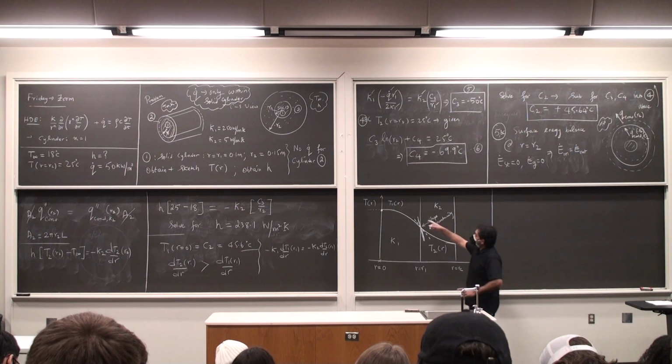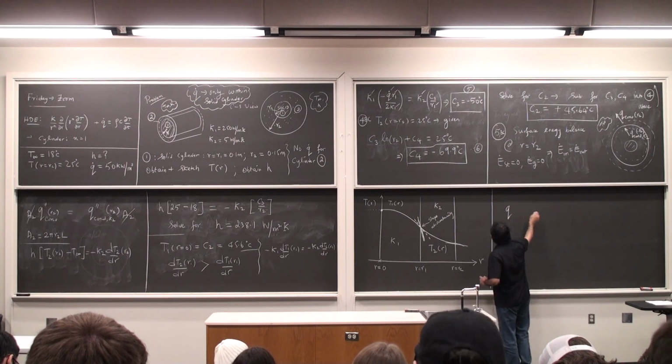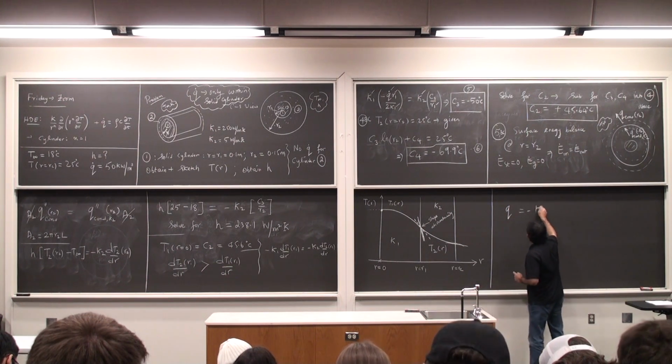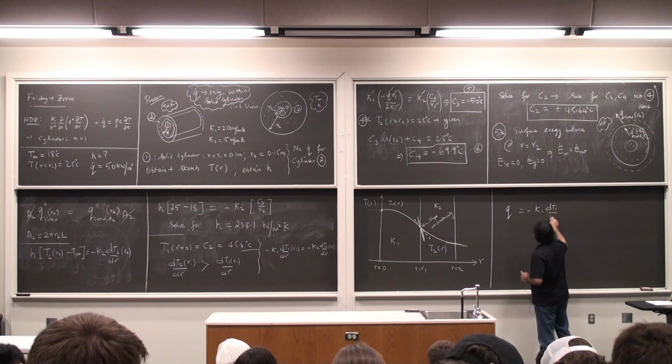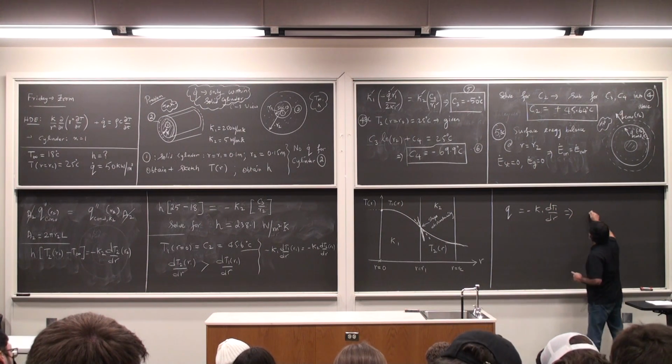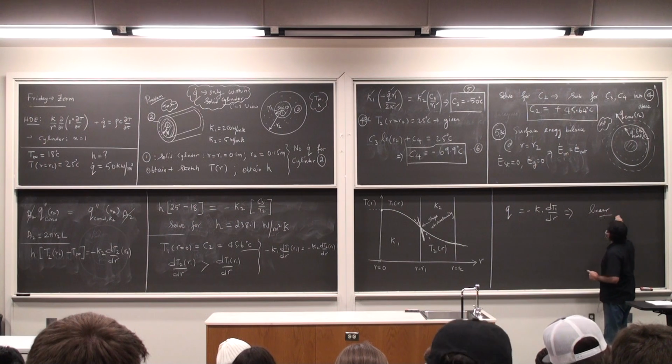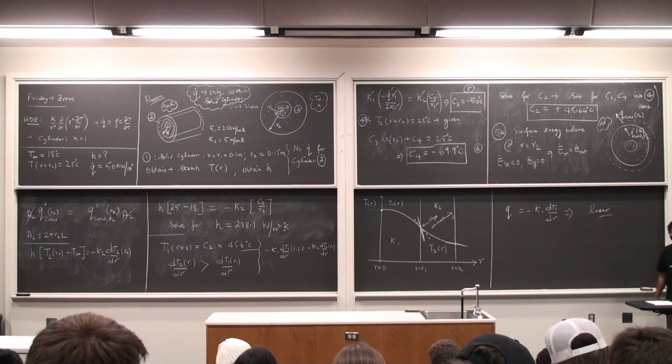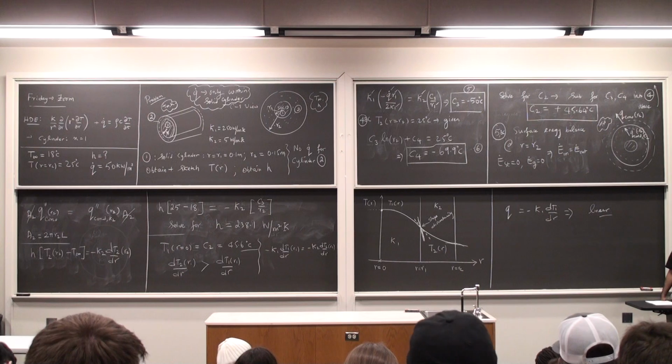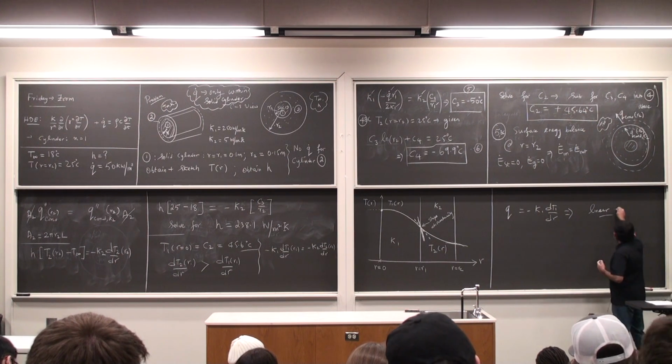So if you want to calculate the heat flux, q is minus K1 dT1 by dr, so this is going to be linear, okay, positive, because dT1 by dr is negative, so this becomes positive, linear and positive.